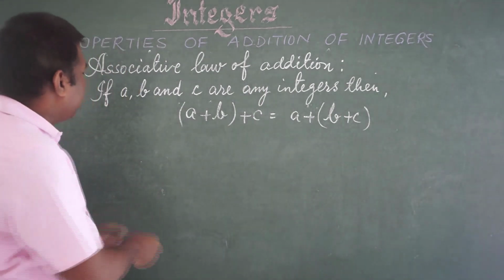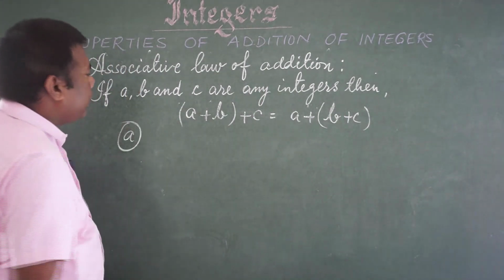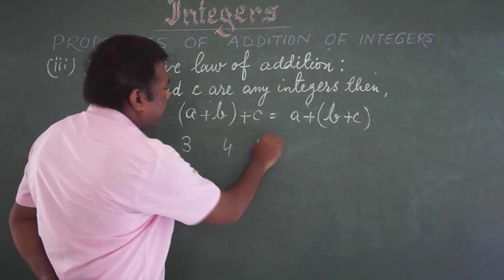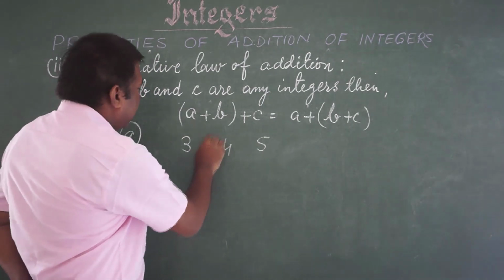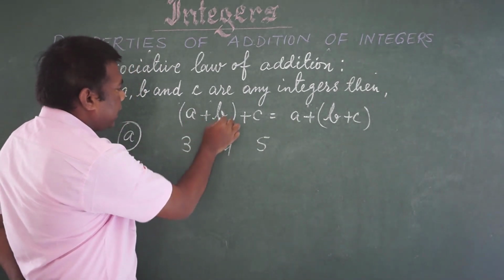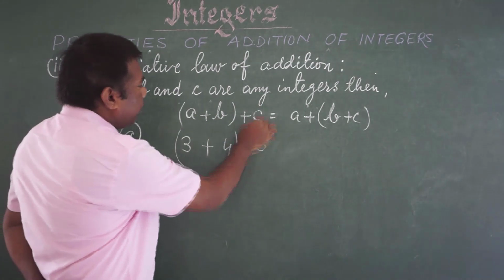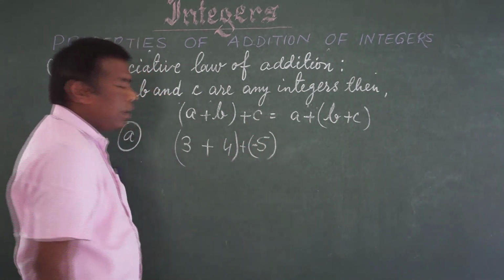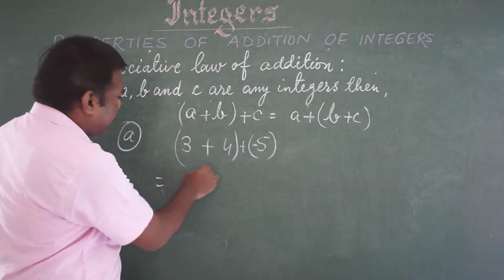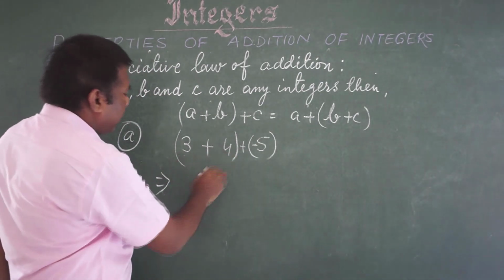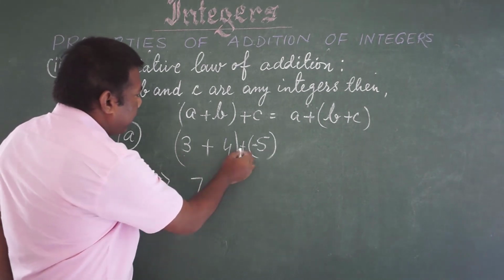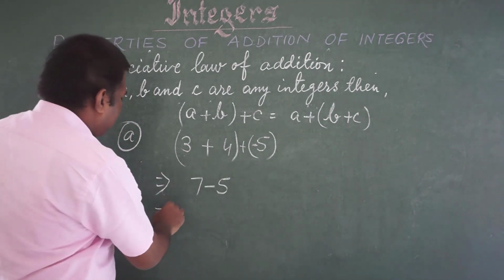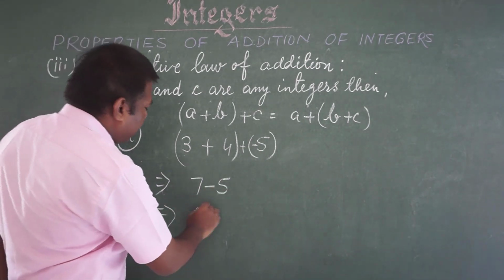By example, suppose we have taken 3 integers, in place of a you have 3, in place of b you have 4, in place of c you have minus 5. Then what comes? 3 plus 4 is equal to 7, and plus minus 5, so 7 minus 5 is equal to 2.